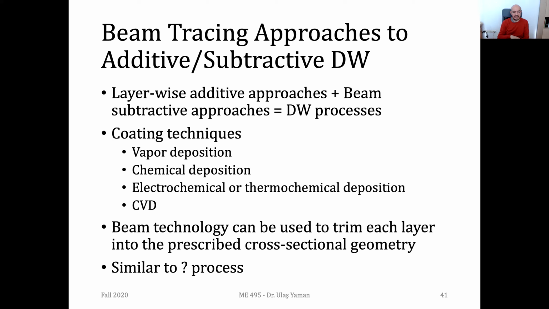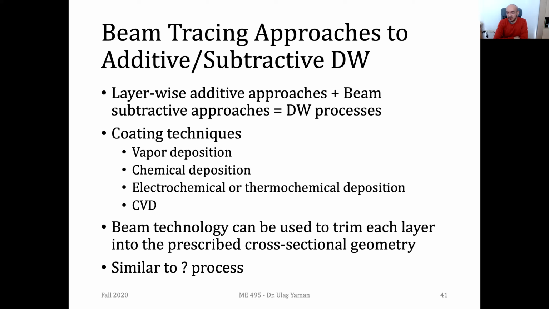So what do you think, which process is similar to this one? Bond and form. There's an answer on the chat and other areas.